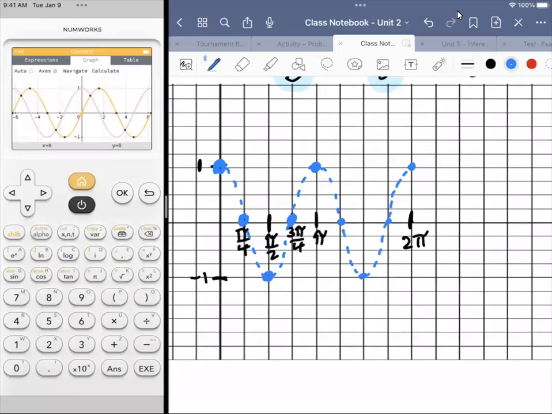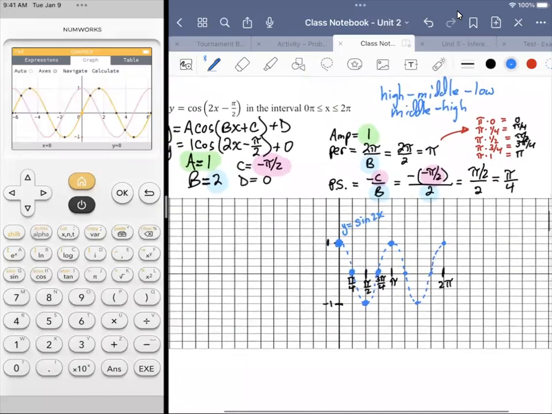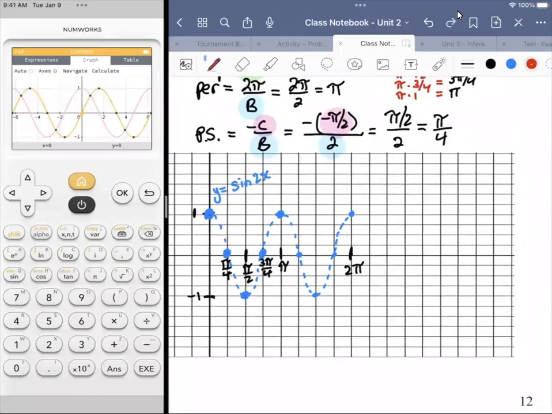And this is y equals sine of 2x. I haven't taken into account the phase shift yet. I only really addressed the A and the B. So now for the phase shift, all that's telling me to do is shift every point to the right 1 unit.